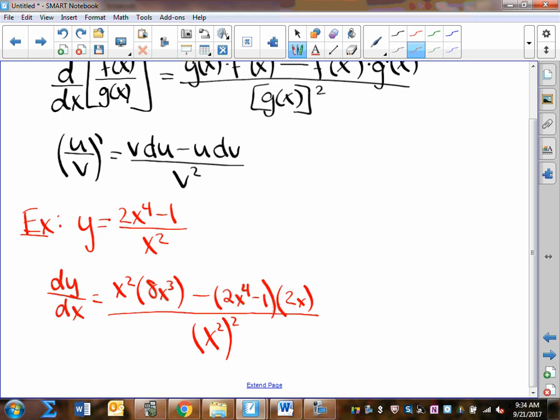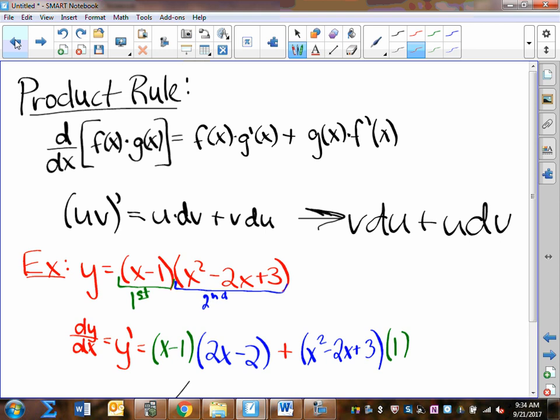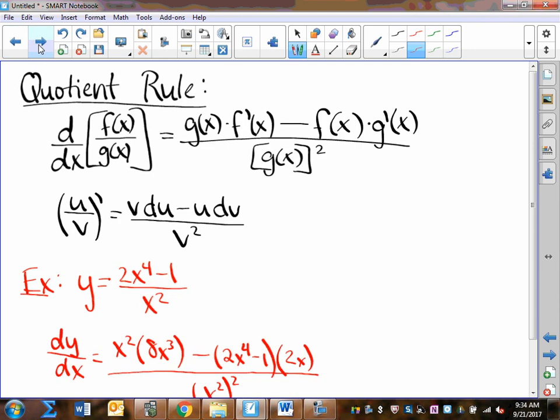And then we're going to leave it like that. Okay, so again, bottom times derivative of the top minus top times derivative of the bottom over bottom squared. And the product rule, again, if you want to memorize it that way, second times derivative of first, first times derivative of second. Any questions on that? Okay.